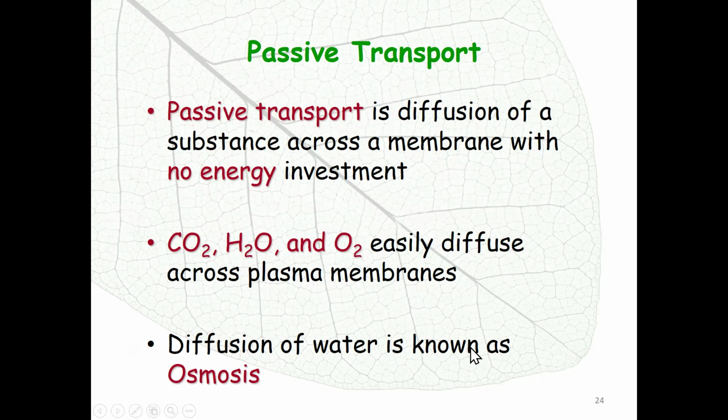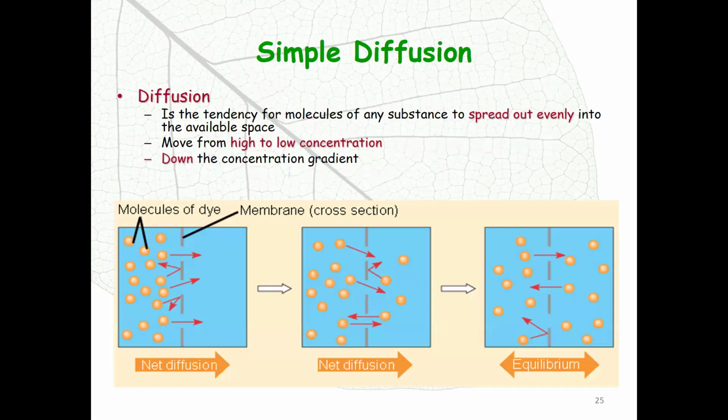Diffusion of water is known as osmosis. Osmosis, obviously, you studied in earlier classes. It is one kind of diffusion of water from lower concentration to the higher concentration. Here you can see the simple diffusion method.